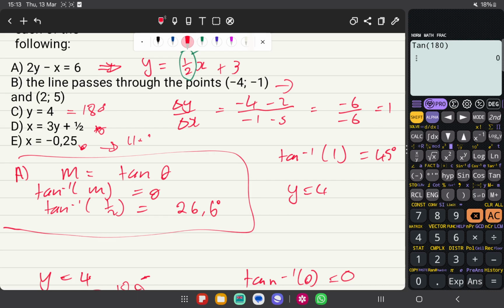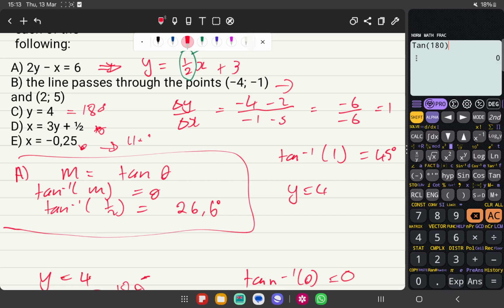If your gradient is not a real number, it doesn't exist, so we can just say no angle of inclination. Unfortunately this is something I should have checked, but I didn't. But from the simple knowledge that there is no gradient here, we can just say that there will not be any angle of inclination.